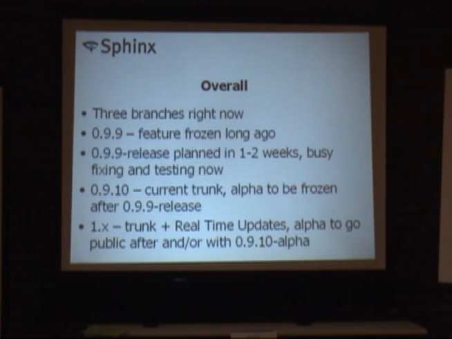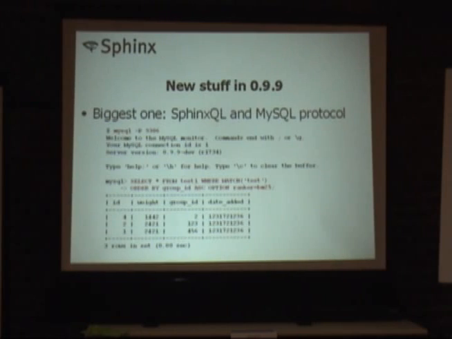Release 0910 has some brand new features, and there is also 10, which gets very significant changes in support for real-time update. That is kind of big because one of the major issues for Sphinx was that it requires you to reindex the data, which is fast, but you have to reindex the data, no real-time updates.